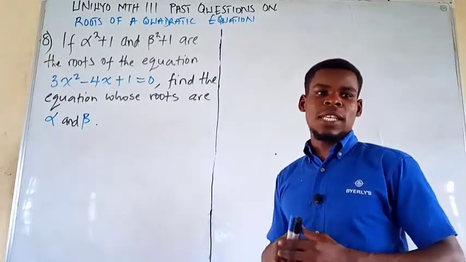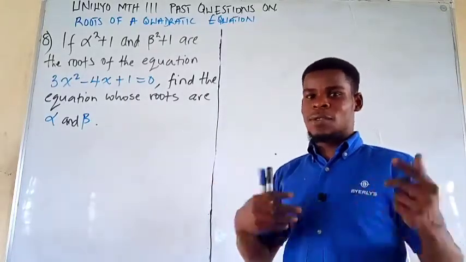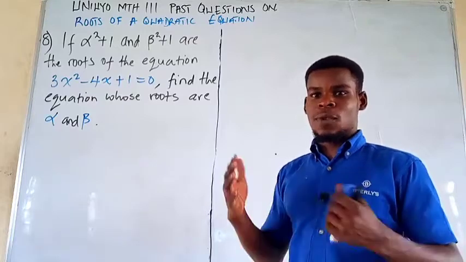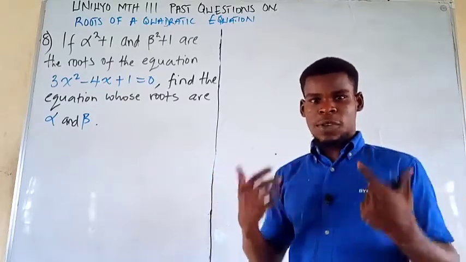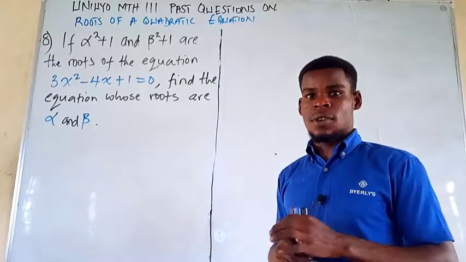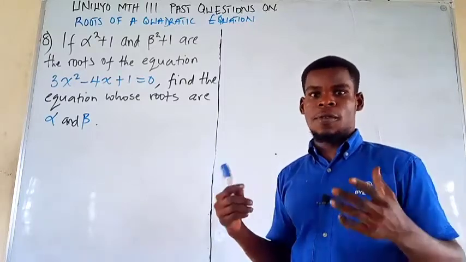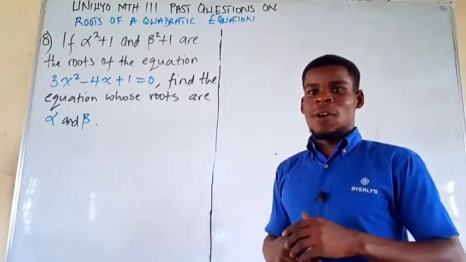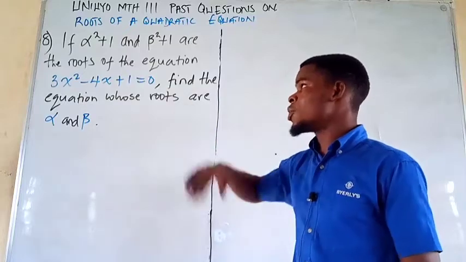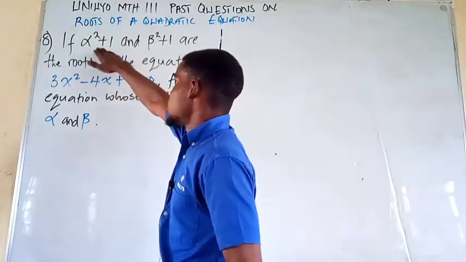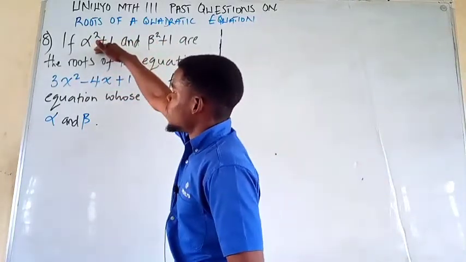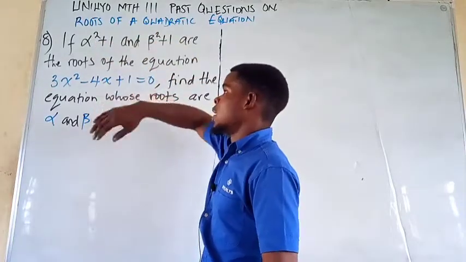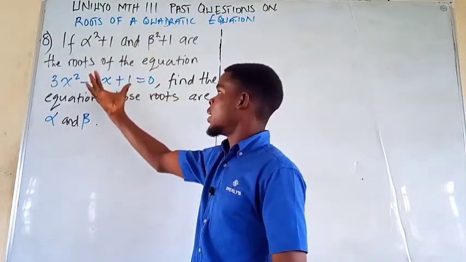What we've been doing the other times is that if alpha and beta are the roots of a certain equation, then find the equation whose roots are, and they now give us an expression for the two new roots, or for the roots of the equation we are to find. But in this other case, we are already given an expression in terms of alpha and beta. This one is in terms of alpha, this one is in terms of beta, as the roots of this equation.